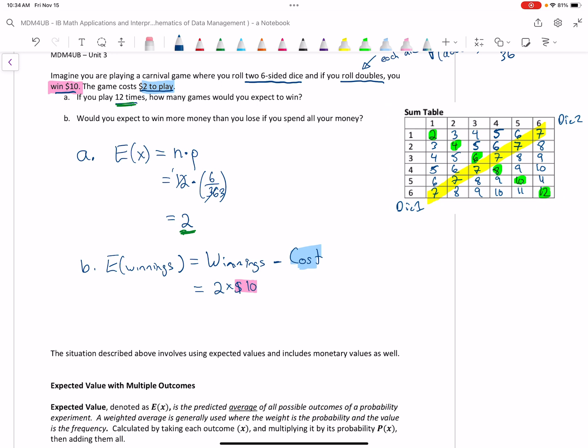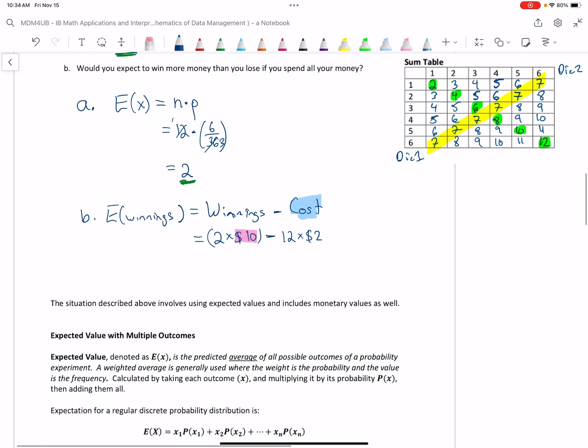Minus the cost to play, so this is kind of its own thing there, and then my cost to play, I'm going to play 12 times and it costs $2 each time. So I work this out, I get $20 minus $24. So I get a minus $4. And you can put your dollar sign either in front of or in between the negative and the 4.